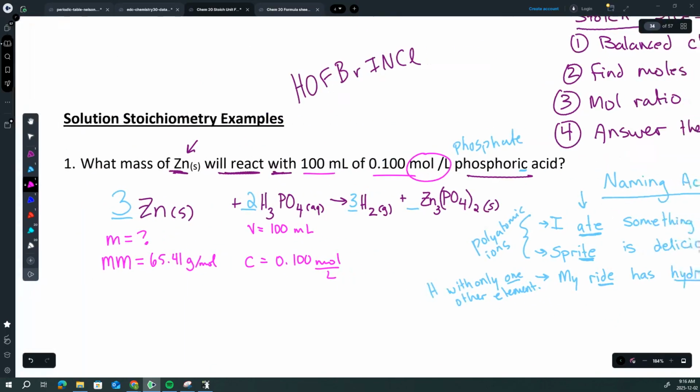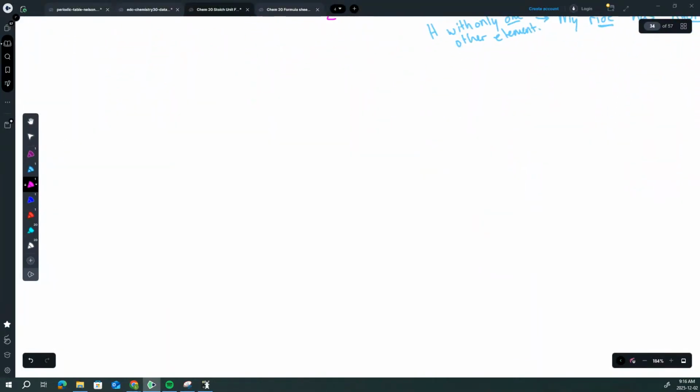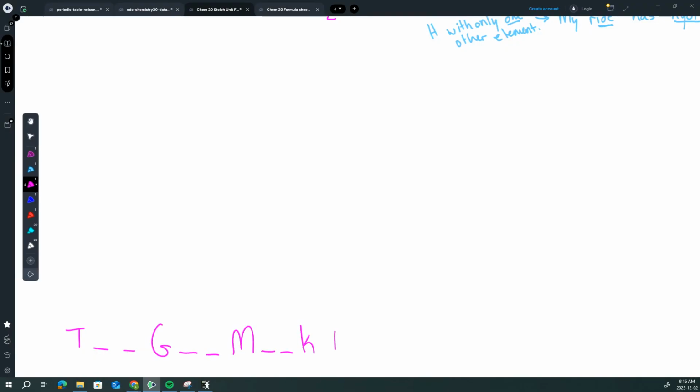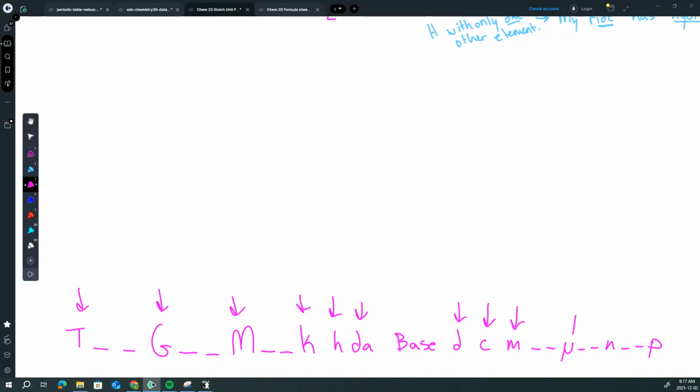Okay, so what you can do is remember the metric conversion line, which I'll write all out. These letters that I've written here are to denote the prefixes.